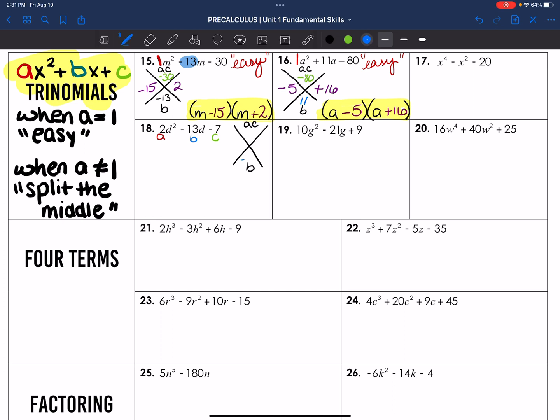My b value was negative 13, and a times c, that's 2 times negative 7, which is going to be negative 14. So, ladies and gentlemen, what multiplies to give you a negative 14 but adds to give you a negative 13?